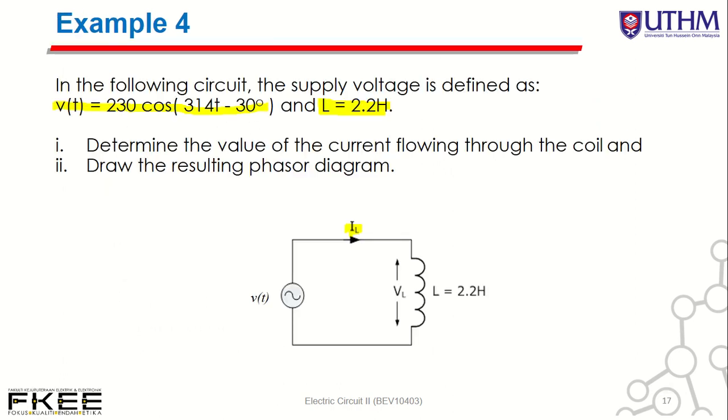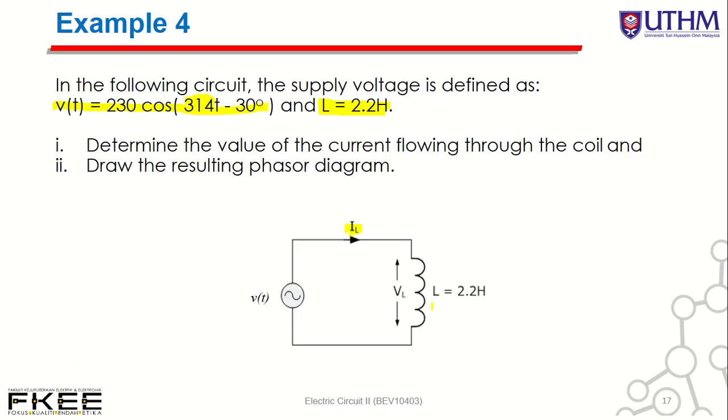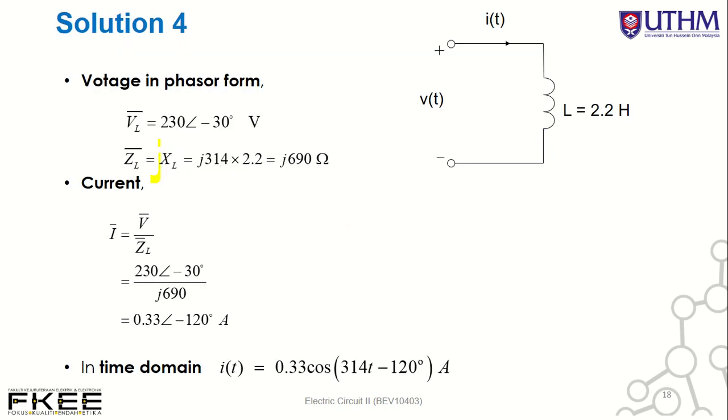Where is omega? You can get it from here. This is omega, 314, times L equal to 2.2, given in the question. So you will get Z_L. Then you can determine current equal to V over Z_L.